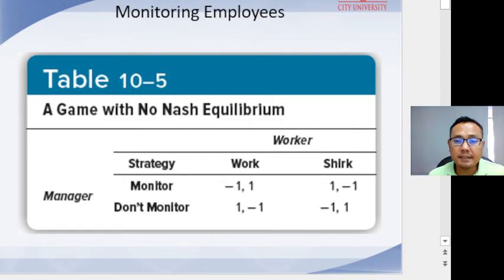What this means is that players randomize over their available strategies. For instance, the manager flips a coin to determine whether or not to monitor. By doing so, the worker cannot predict whether the manager will be present to monitor her and consequently cannot outguess the manager.